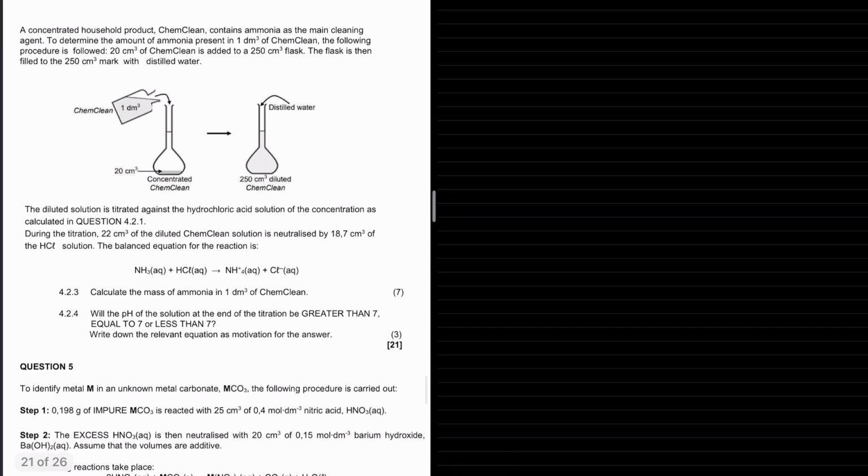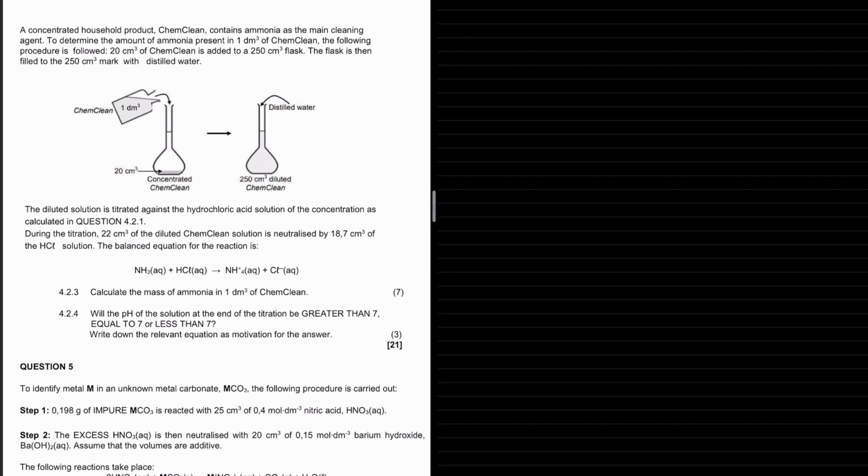Now let's look at this part. A concentrated household product, Chemclean, contains ammonia as the main cleaning agent. To determine the amount of ammonia present in 1 dm cubed of Chemclean, the following procedure is followed. 20 cm cubed of Chemclean is added to a 250 cm cubed flask. The flask is then filled to the 250 cm cubed mark with distilled water.